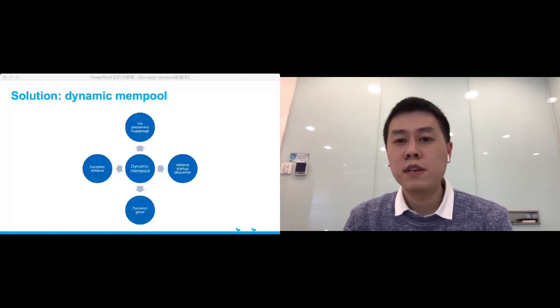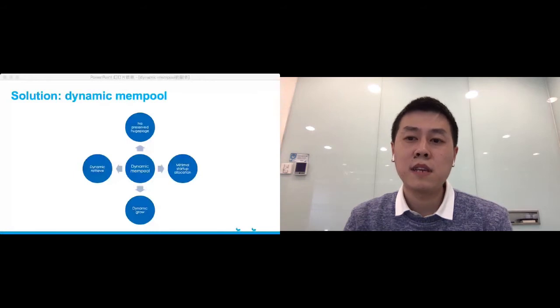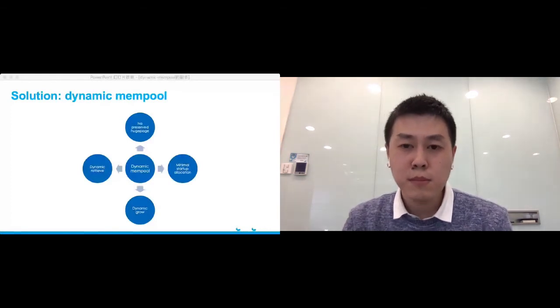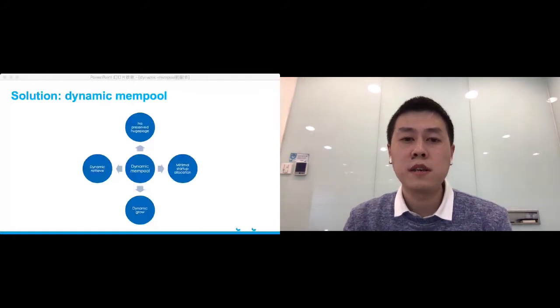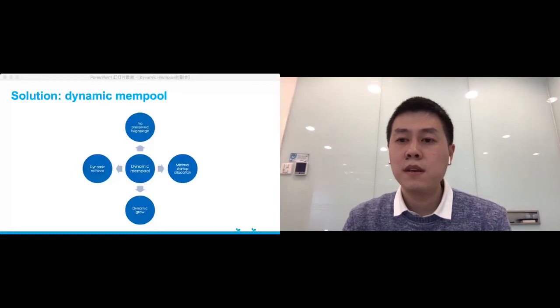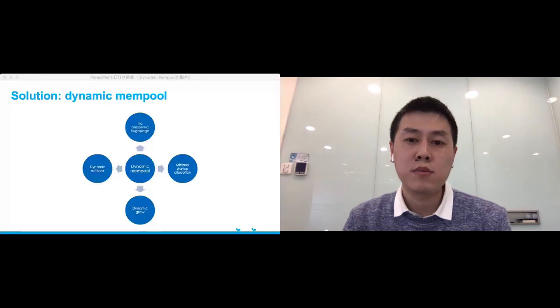So not preserving huge pages is a premise of dynamic memory use. Then we implemented minimal startup allocation to reduce memory consumption of application initialization and also speed up the startup of the application. The major extensions are dynamic grow and retrieve of mempool. With dynamic grow and retrieve ability, mempool could use memory elastically along with varying network loads.